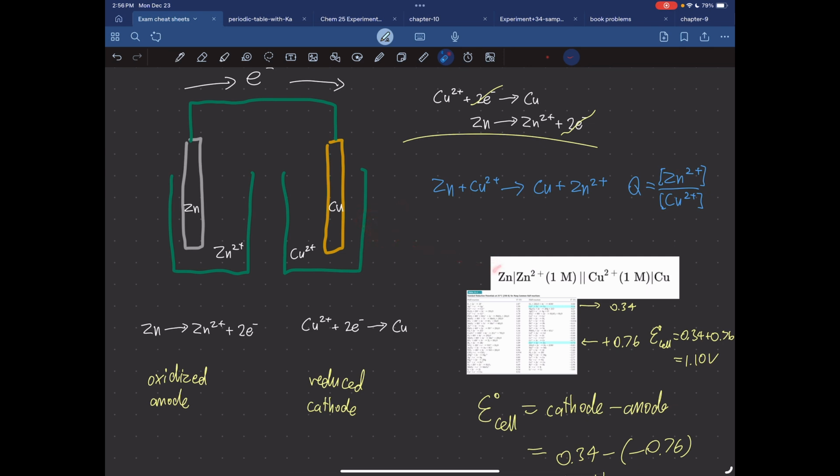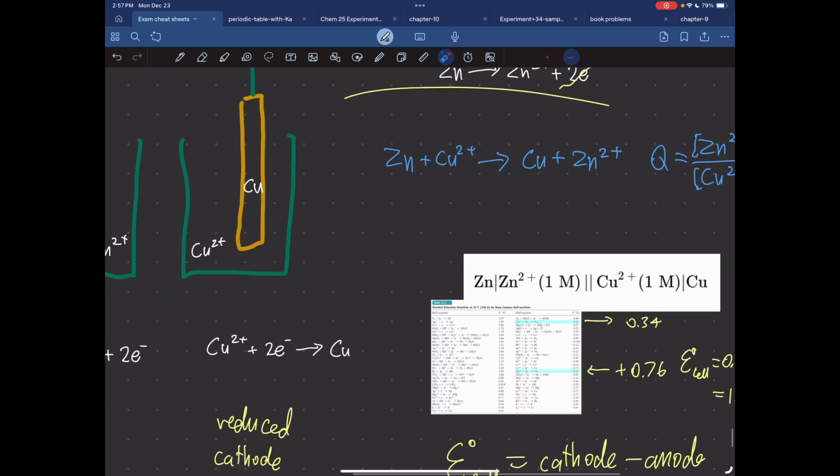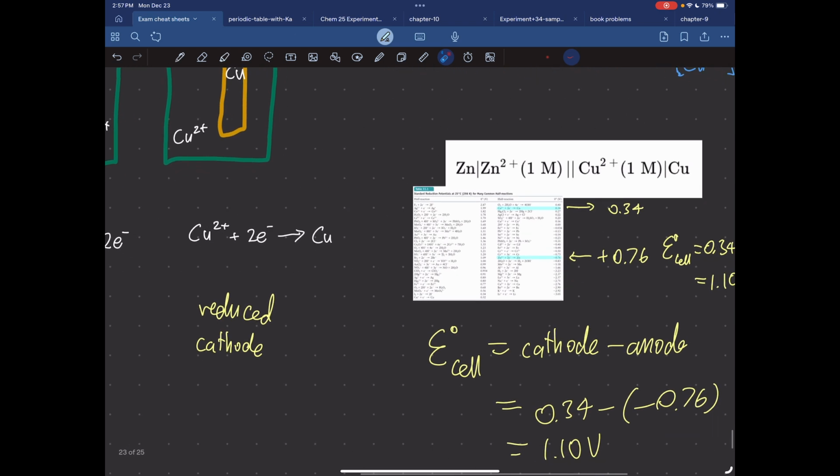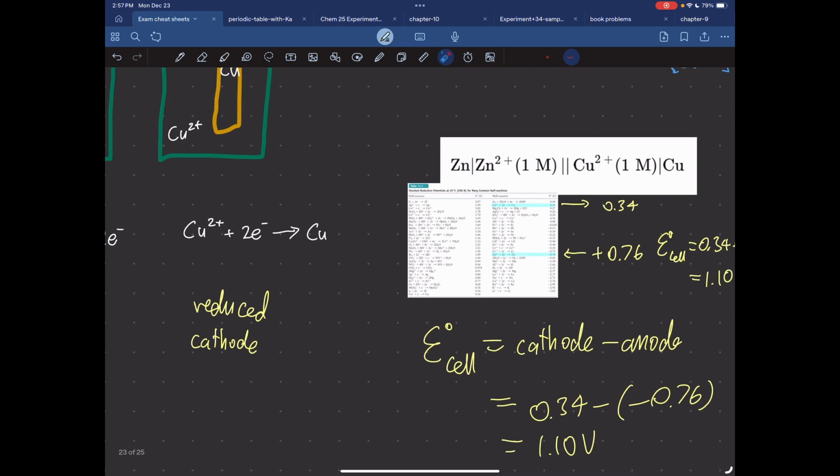There's a zinc solid, a zinc ion of 1 molar concentration, copper ion, 1 molar concentration, copper solid. This represents the separation between the two beakers. And then I think this line here is a phase change, because this is solid, this is aqueous.